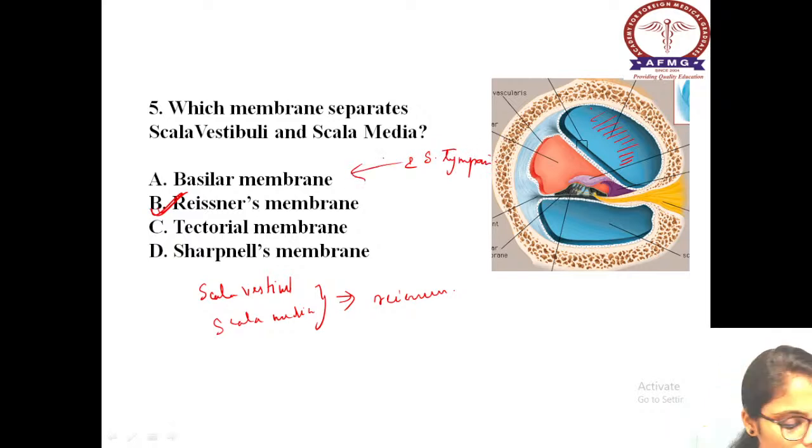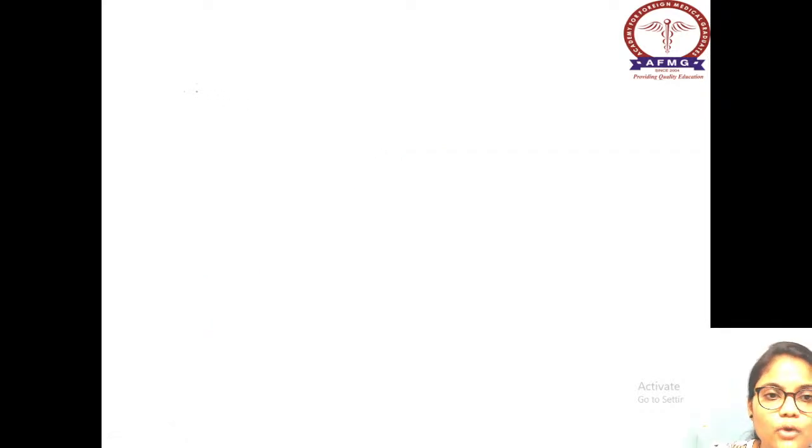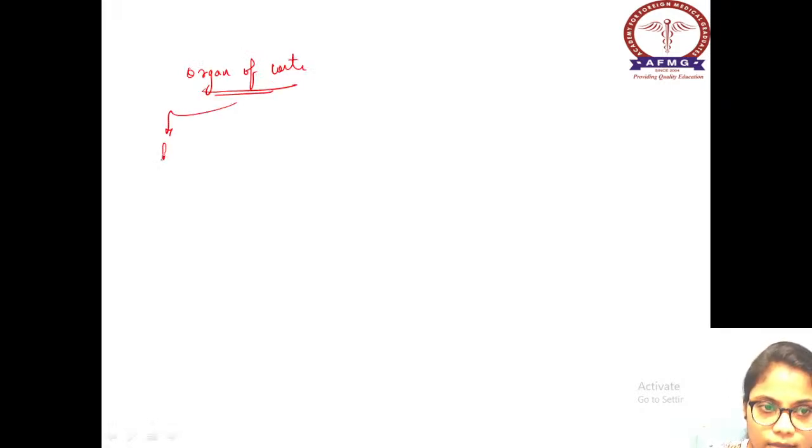Most probably the question asked here is about the organ of Corti and hair cells. Please be sure about that. In the organ of Corti there are two kinds of cells: hair cells and supportive cells.